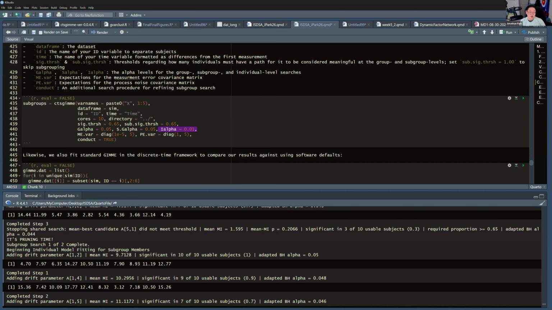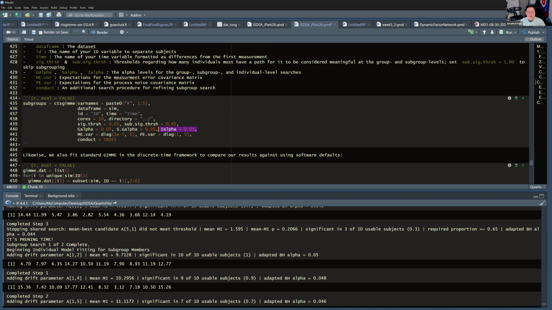But at least what I found in testing is that for the individual level models, oftentimes the noise can subsume, it can appear that there's a very strong effect, and so it gets picked up. And so necessarily I've scaled down the individual alpha levels to be a bit more conservative. But in cases where I have a lot of individual level effects, this does sometimes penalize that too much.